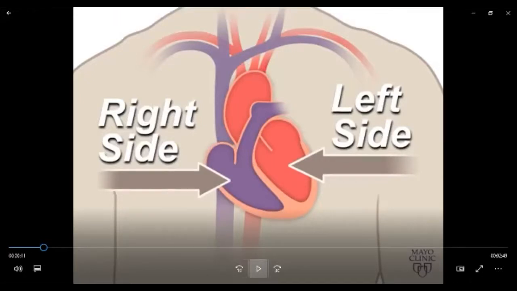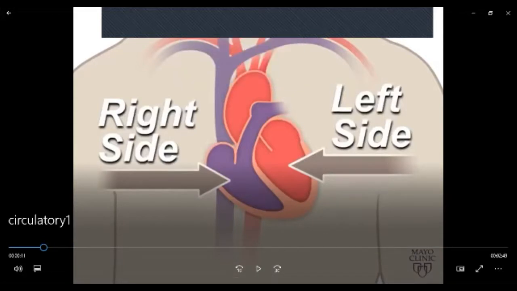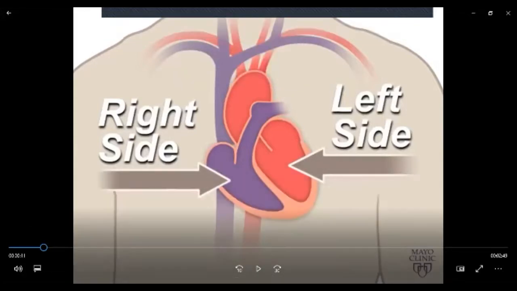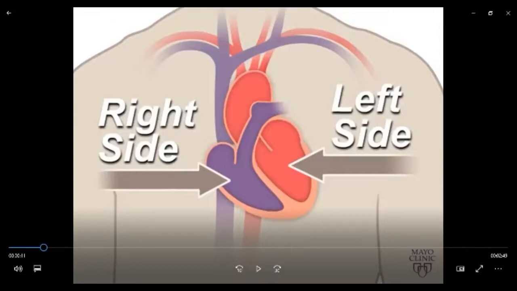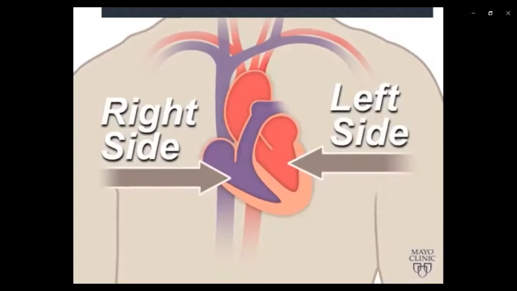That's the oxygen-poor blood, or what we call deoxygenated blood. That's why the deoxygenated blood is also given the color blue, just like our hands. While the other one is like our blood, red. The oxygenated blood. Okay, we'll continue.